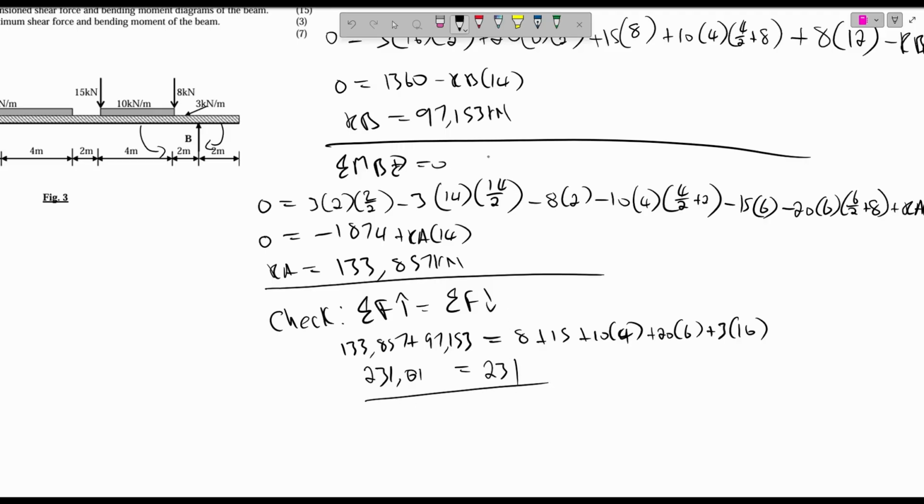So the difference, I think it's in the decimals. 160 divided by 14 is 97.143. 97.143 plus 133.857, yeah, I made a mistake here. 97.143 kilonewton.